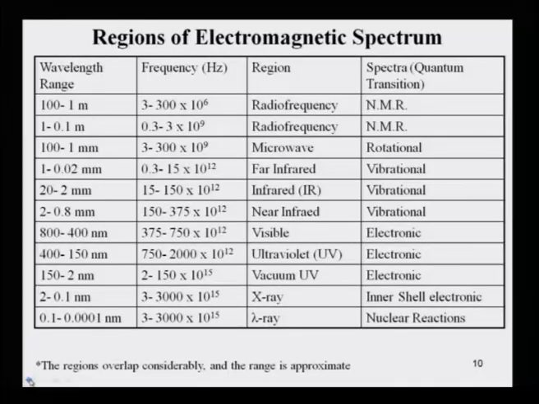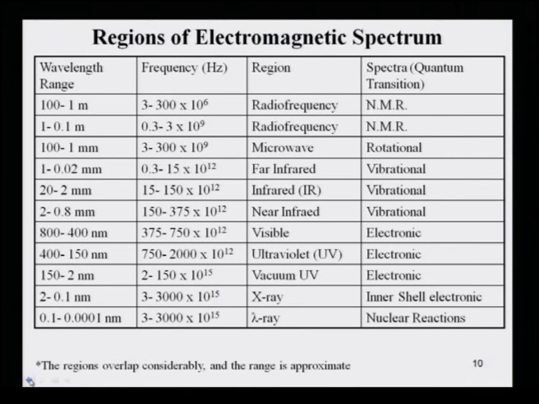Now, when we look at the different regions of the electromagnetic spectrum, we see that radio frequencies are responsible for NMR. Similarly, the microwave is responsible for the rotation of a bond. Then comes the far infrared, infrared and near infrared.